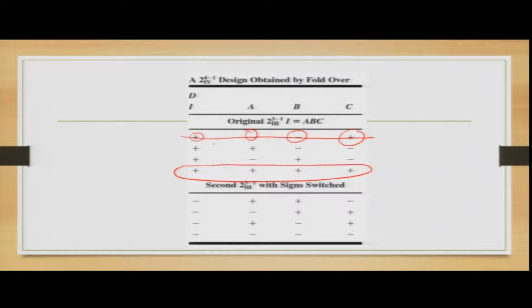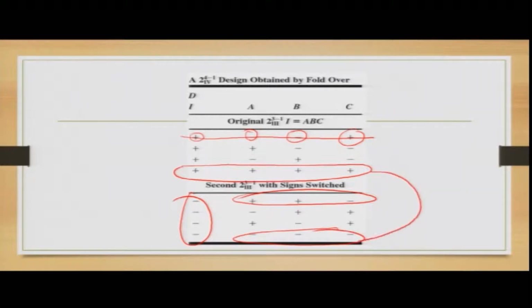As you see here, the combinations of the signs for A, B, C would just be reversed. So, if you had initially minus and minus and plus for C, they are now plus, plus and minus. Similarly, for the last row, if we had plus, plus, plus, they are now minus, minus, minus. So, they are complementary of each other.